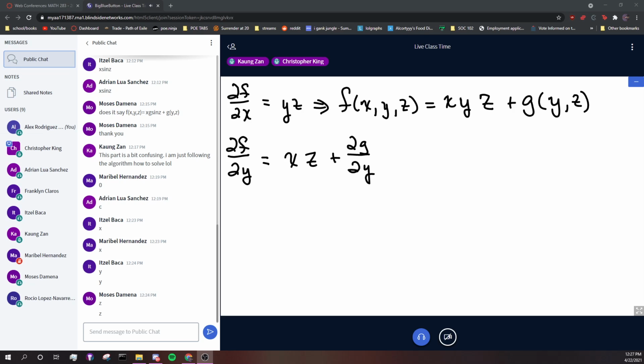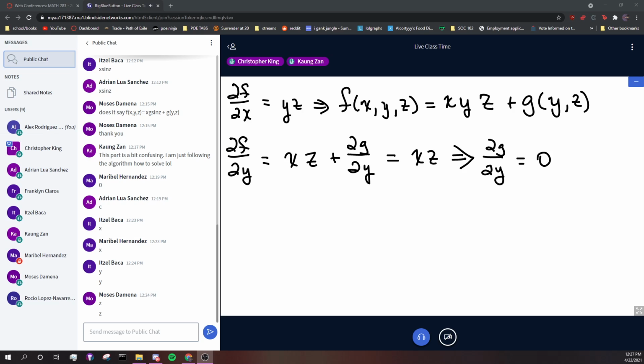Now, we know that this is going to be equal to xz. So we're going to end up with what? 0. The partial of g over y was 0, right?